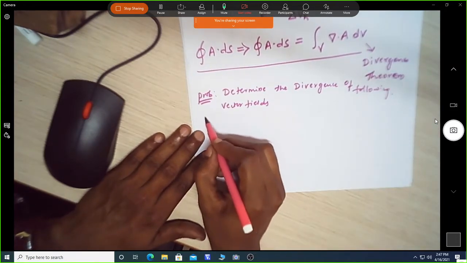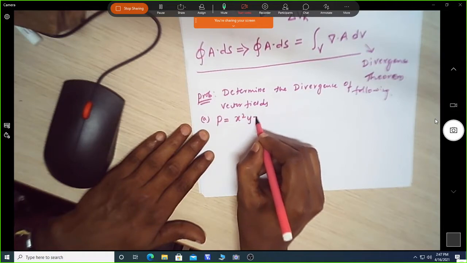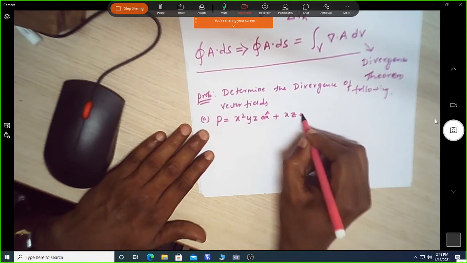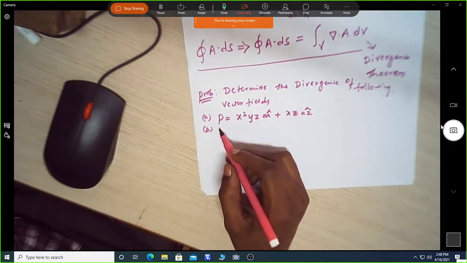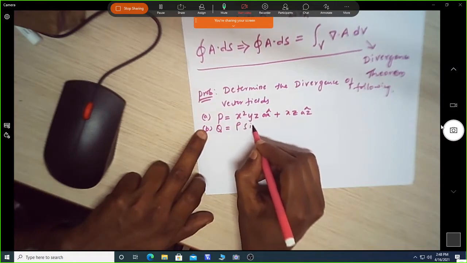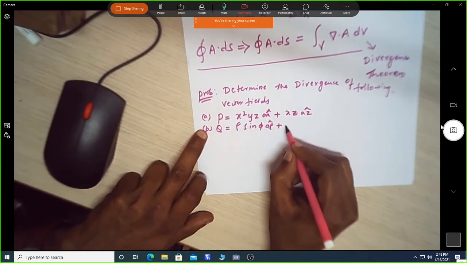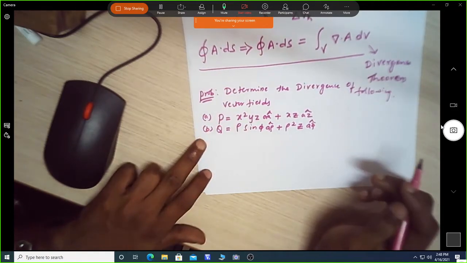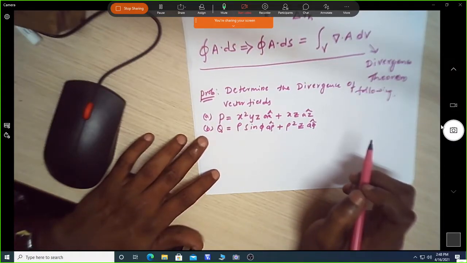Okay, so the first one, the vector P is given by x square yz in the ax direction plus xz in the az direction. And vector Q is given by rho sin phi in the arrow direction plus rho square z in the a phi direction. Sir, can you read out the first problem?